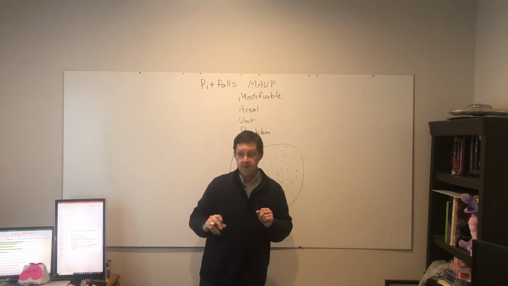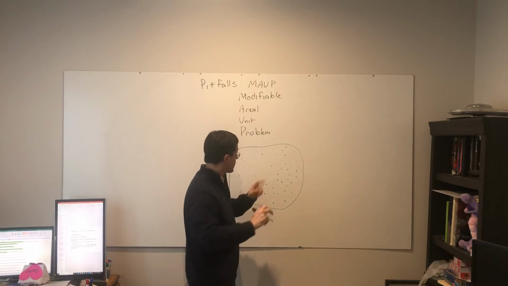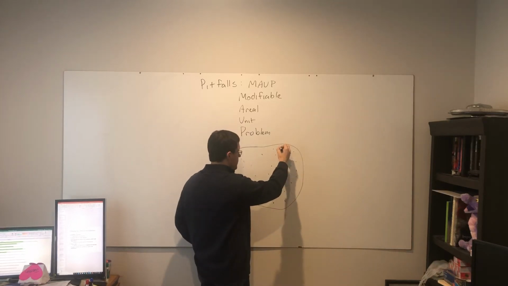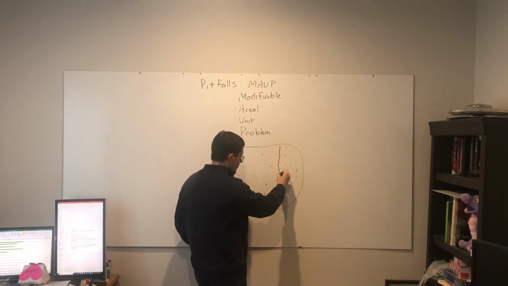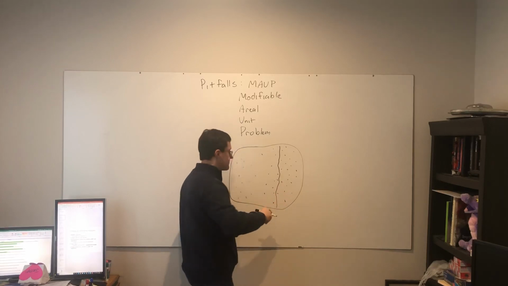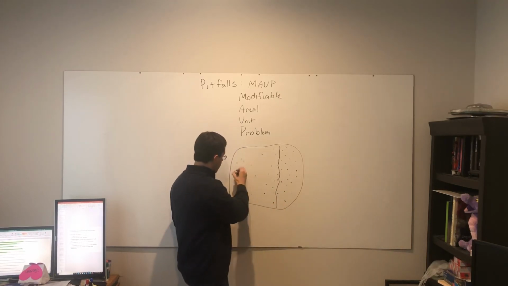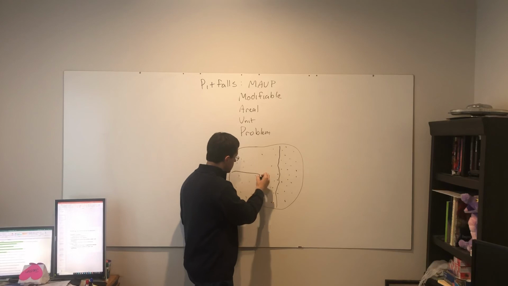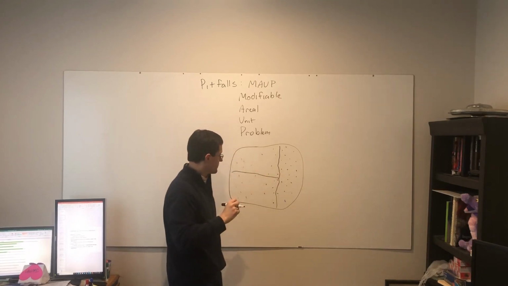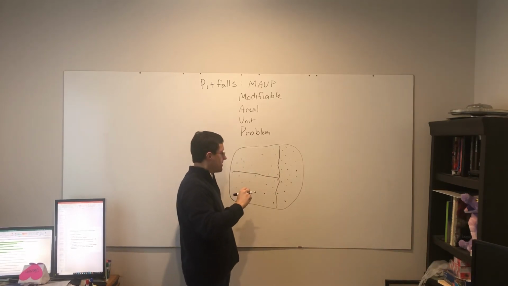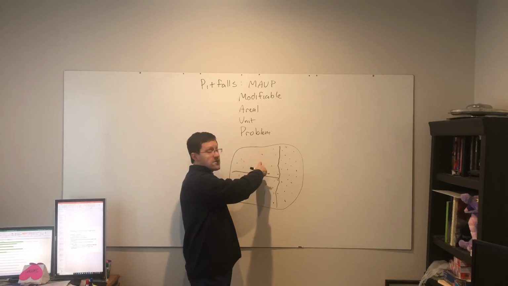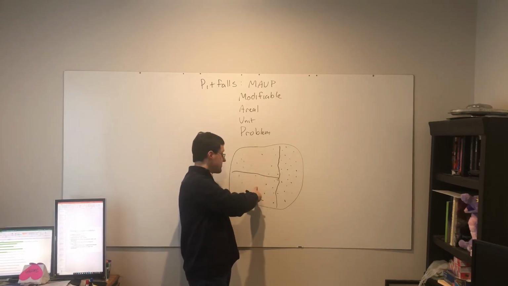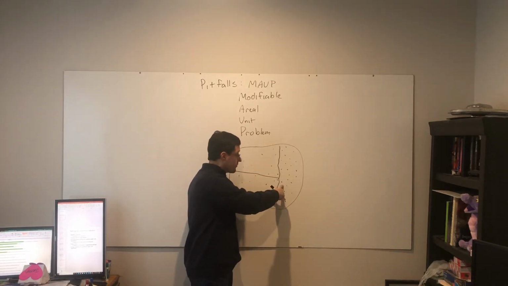I can even take this one step further. If I keep this one about the same, and then draw this way, now this has more brown than purple, this has more brown than purple, and this one is completely purple.